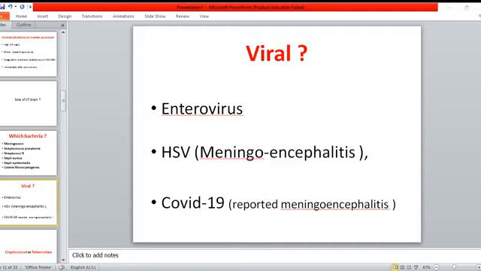And of course, COVID-19 will be a high-yield topic in the next diet. So don't forget that some cases of COVID-19 may present with meningoencephalitis.